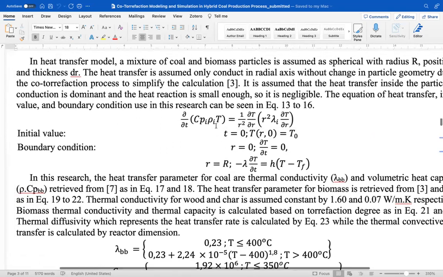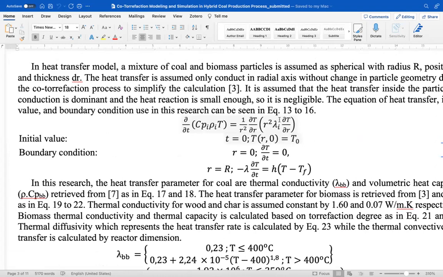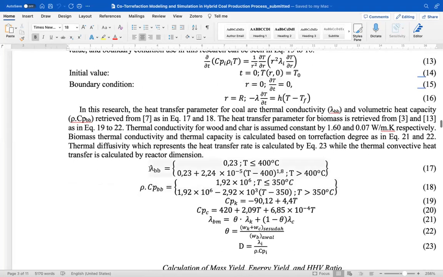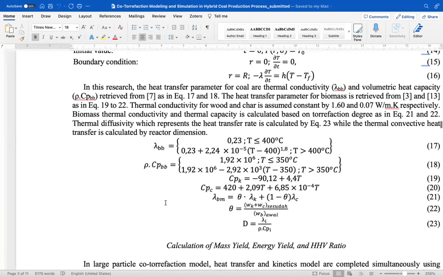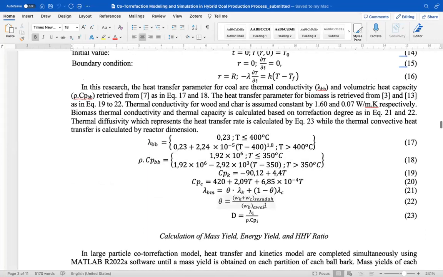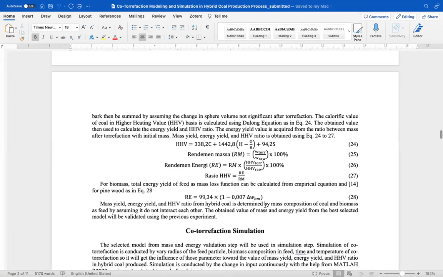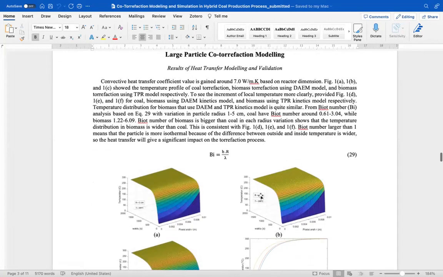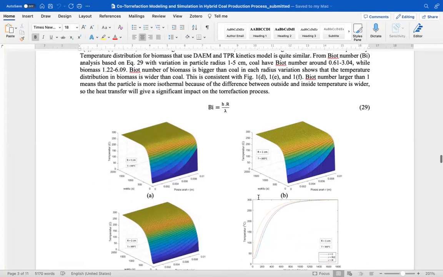So this is the heat transfer, which looks like this, and the lambda is actually 1 over alpha. We also calculate the thermal diffusivity, and rho Cp also we modeled as a function of temperature because it changes with temperature.